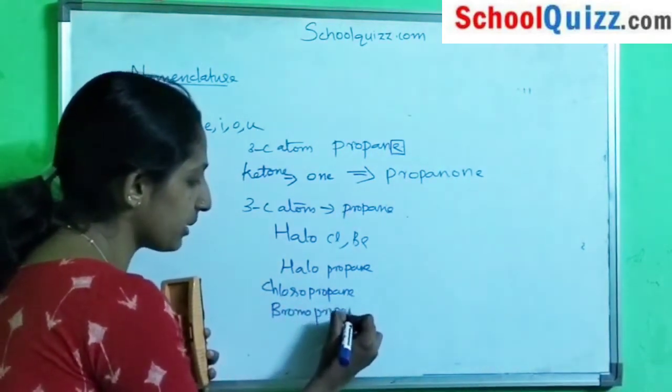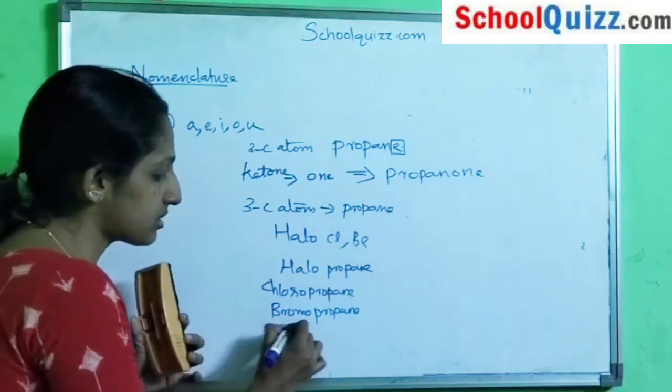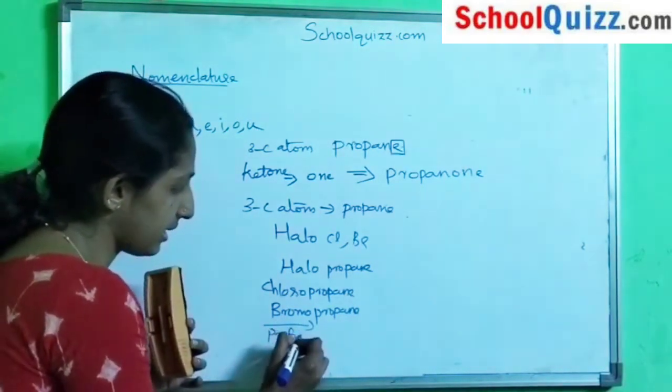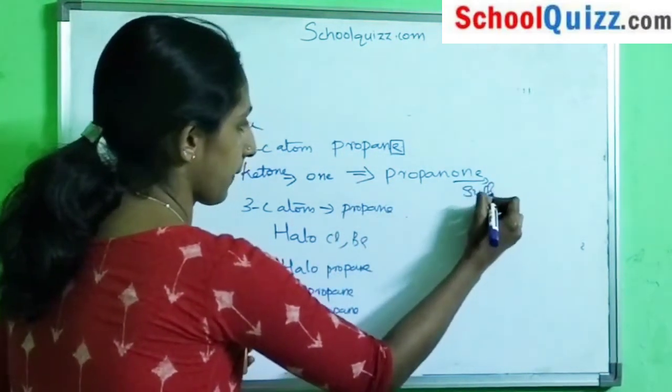Here, the functional group is given before the organic compound, so it is known as a prefix. And here it is given at the back, so it is known as a suffix.